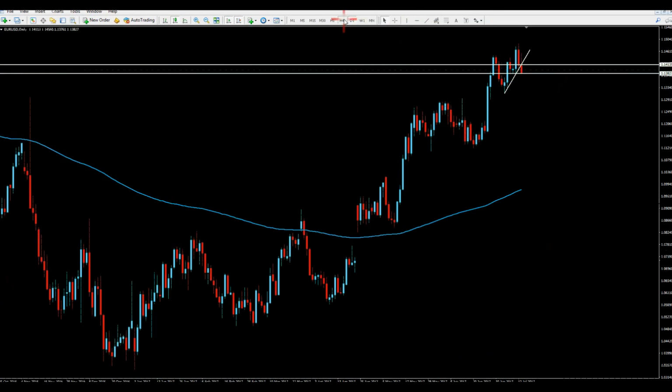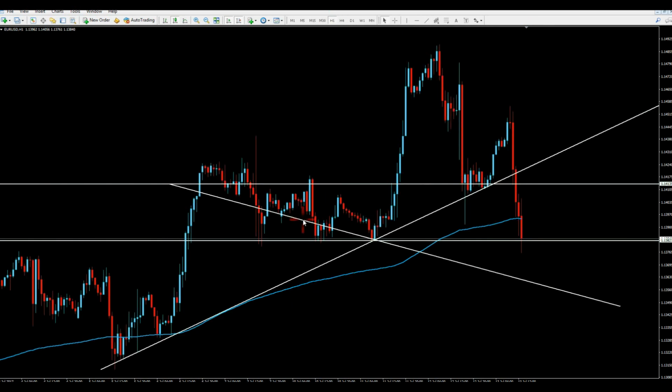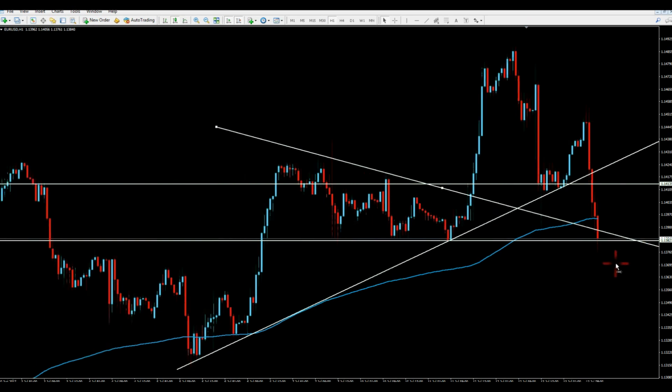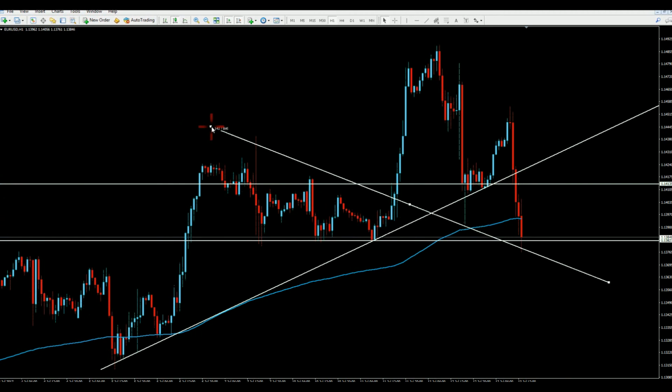What about Euro USD? Euro USD, we see we already have a break here. And where is the next target? It could be going all the way down here. If we move down a little bit, we'll actually readjust my line to these tops and lows.